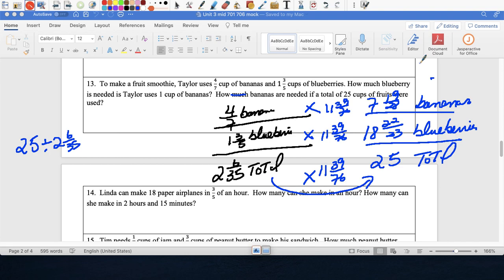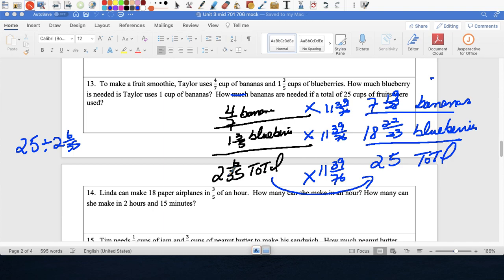So let me just add. No, that's correct. So far so good. So this column here is correct. So let me just divide this correctly again. 25 divided by 2 and 6 over 35. God, I hope you have a better calculator. That's 1139 over 76. So far so good.